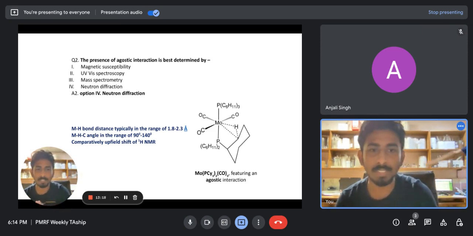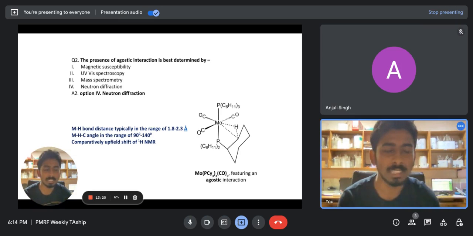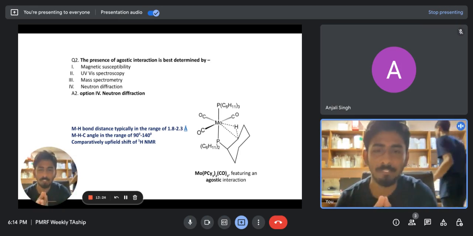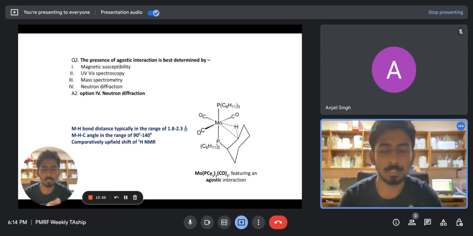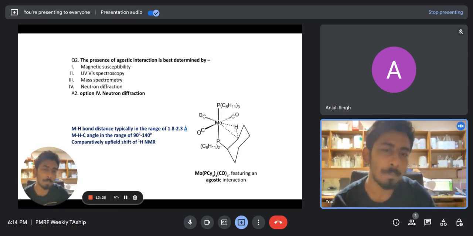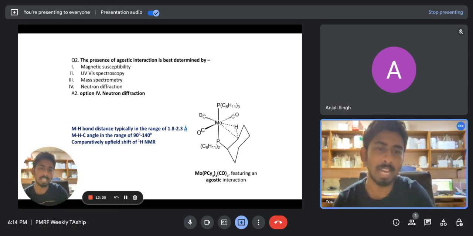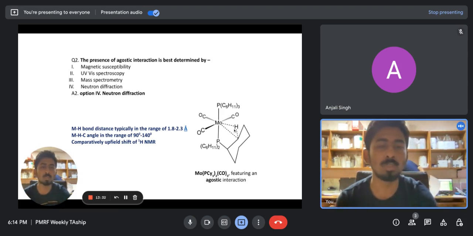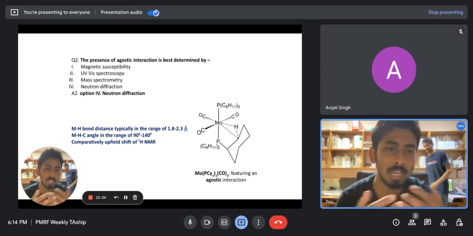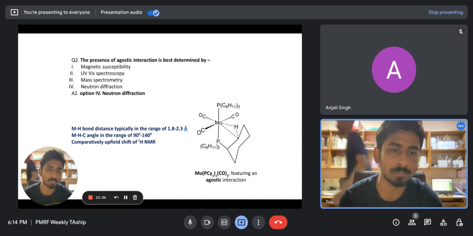So in the case of agostic interactions, metal hydride-like species are indicated, and the upfield shift of the proton NMR is noted. That's how we can confirm whether this hydrogen is undergoing an agostic interaction or not.